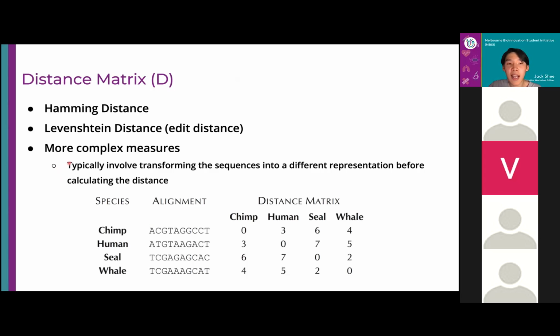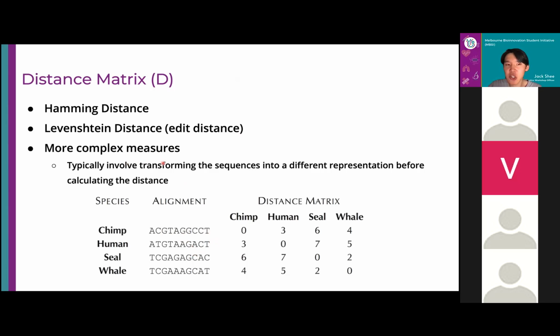So there are actually even more complex measures of distance. The Levenshtein distance between two sequences is actually very similar to the global alignment that we talked about last workshop. And it also has an alternative name called the edit distance, which describes how many changes to a string I have to make before it becomes the other one. And that's the distance measure.